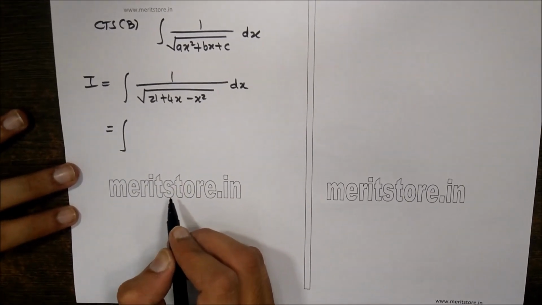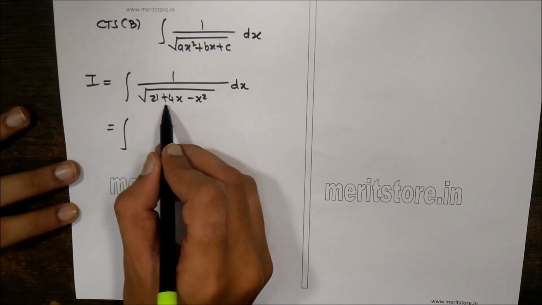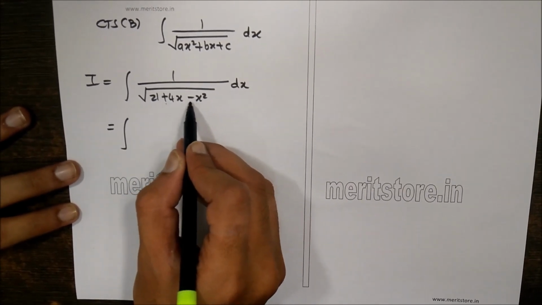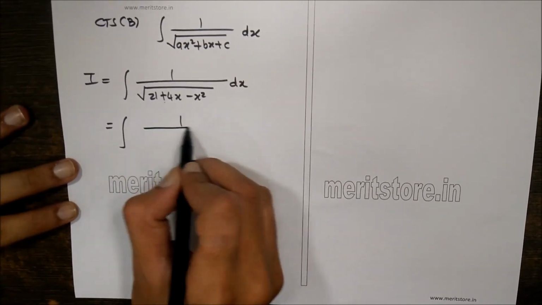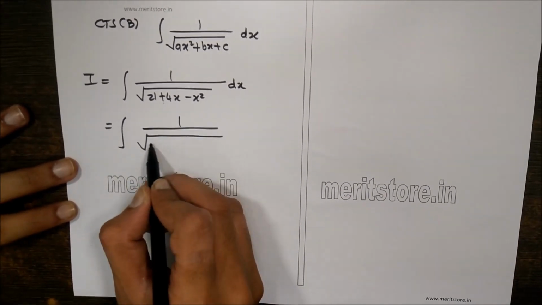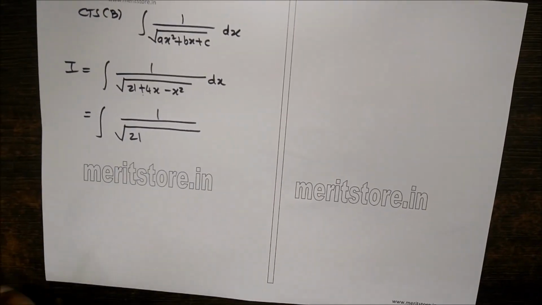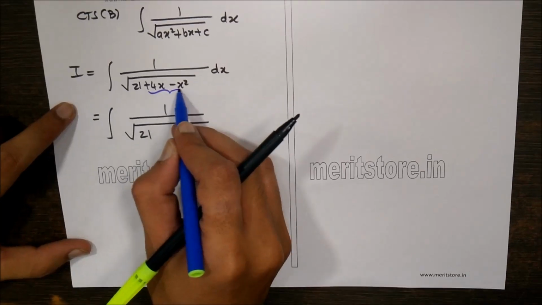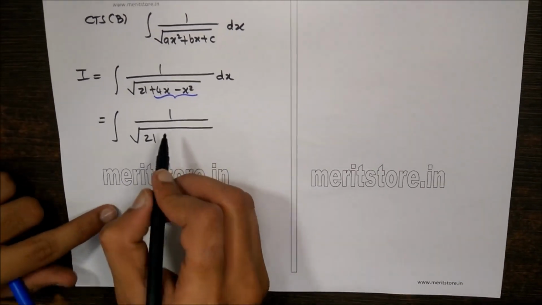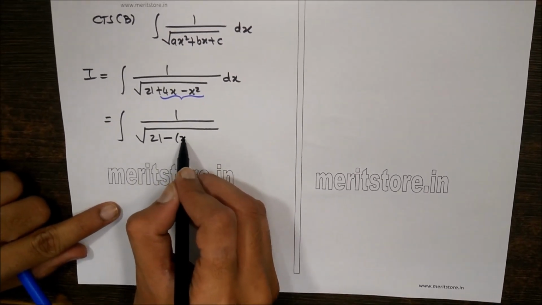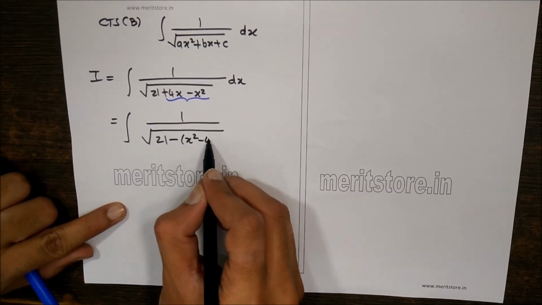Note one thing, whenever you are working with a root and we have a plus and a minus, the x square is with negative. We will always follow the step of writing this as root of 21, and we will take the minus common from these two terms. The answer we'll get is minus of x square minus 4x.